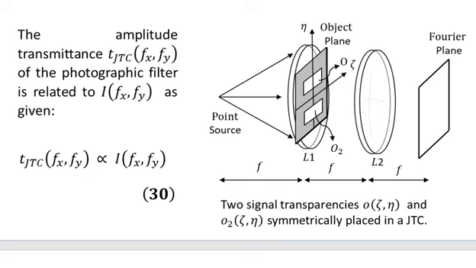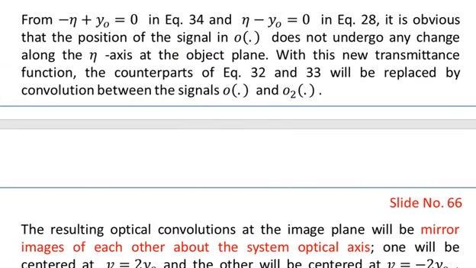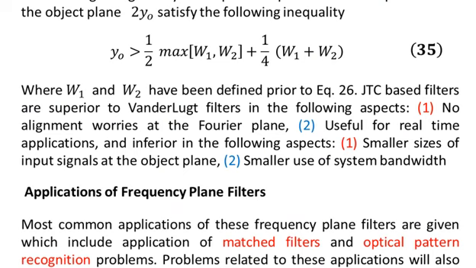So these two objects are part of the dimensions of this lens. Here we are not using the full dimensions of the optical system. That is, the bandwidth is compromised. So this is what we have, a compromised bandwidth in case of this joint transform correlator.